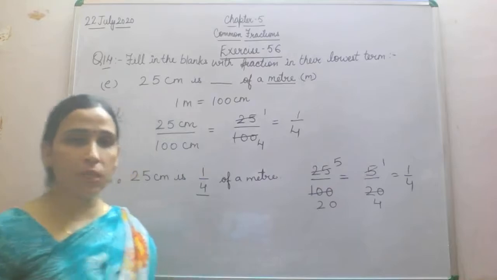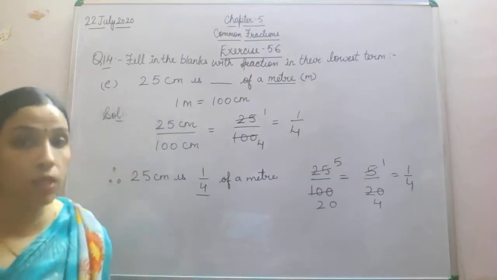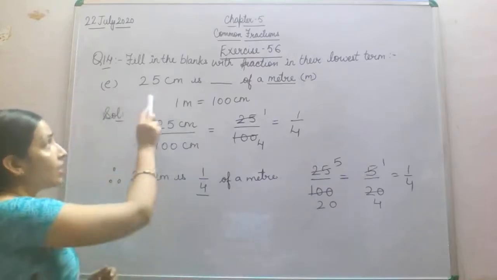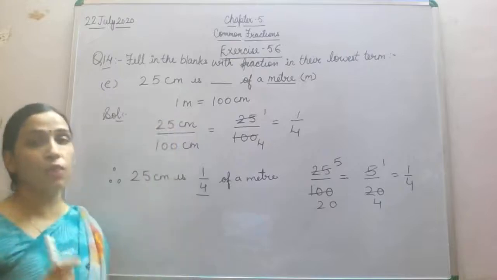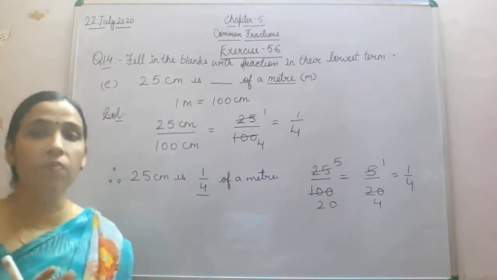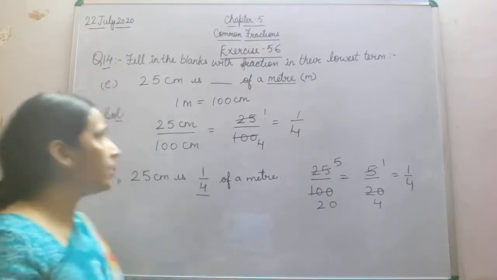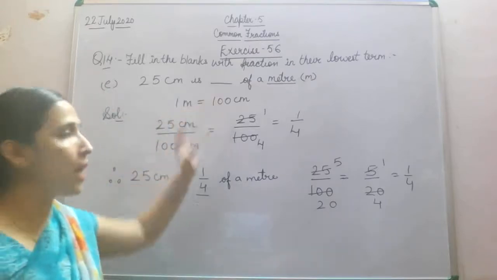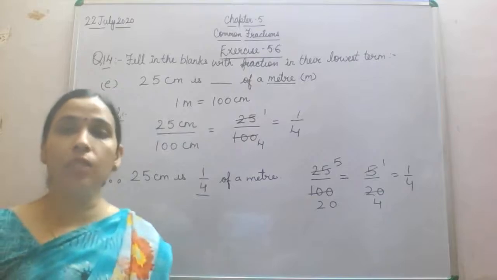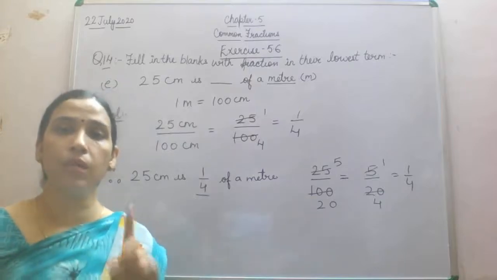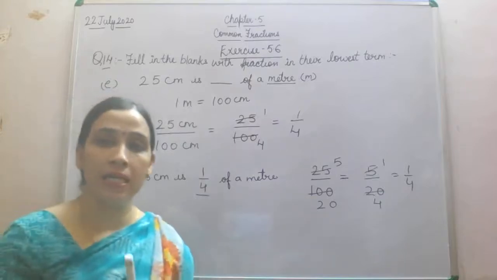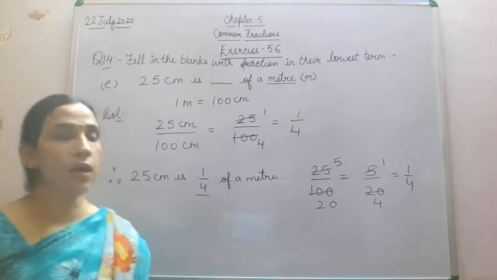So let's see this question again. What is given in the question? You have been given 25 centimeter is dash of a meter. So first of all, we will write a relation between meter and centimeter. So 1 meter is equal to 100 centimeter. It means 25 centimeter will be divided by 100 centimeter to find out the fraction.